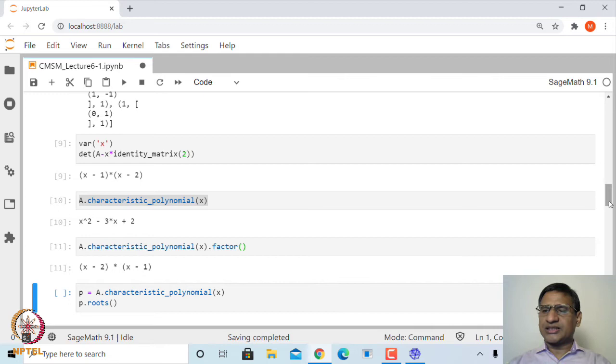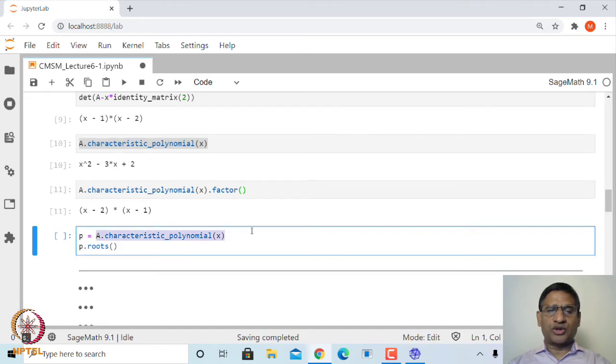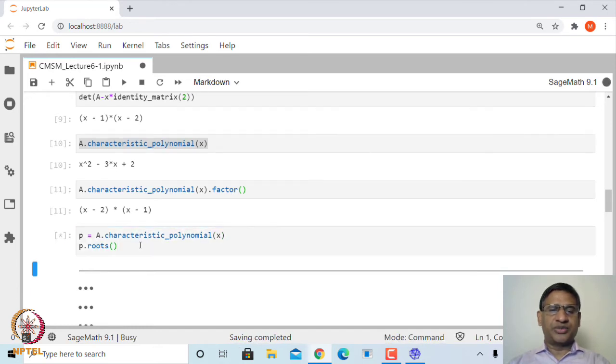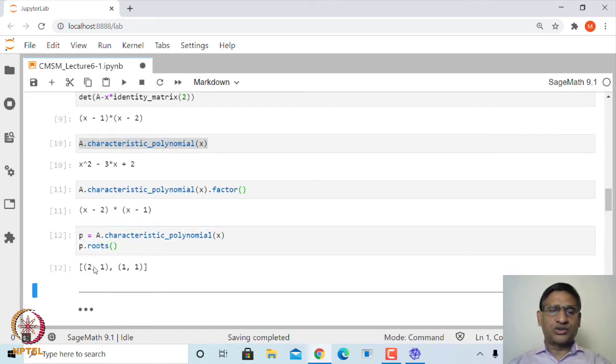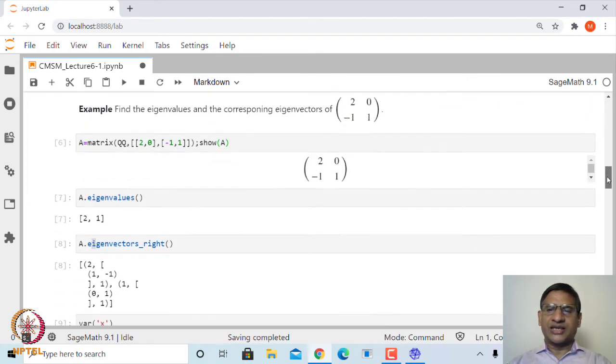Then let us find out what the characteristic roots are. If I store this characteristic polynomial in P, we can find P dot roots. It says that it has 2 roots, 1 and 2, both appearing with multiplicity 1, right. So, this is how you can compute eigenvalues and eigenvectors using SageMath.